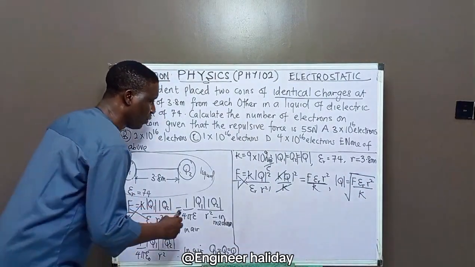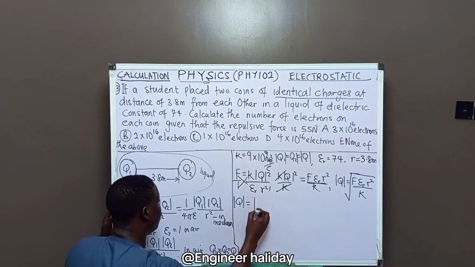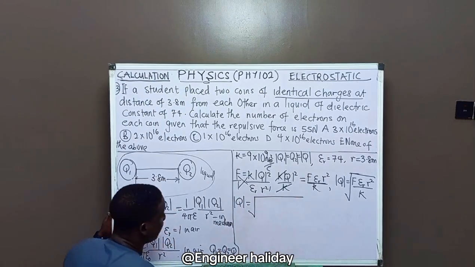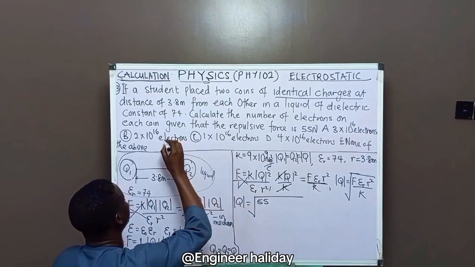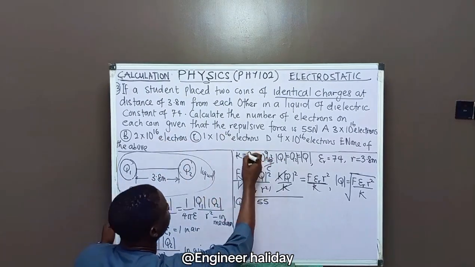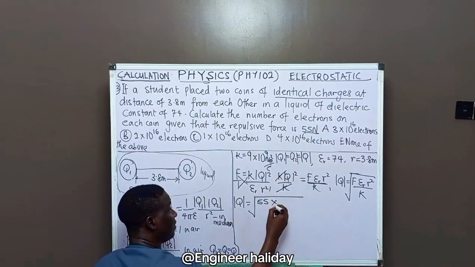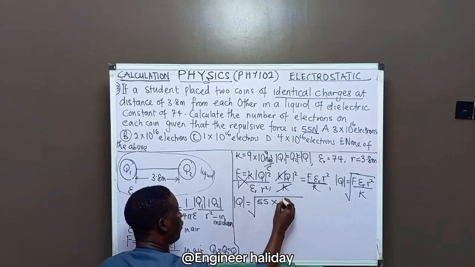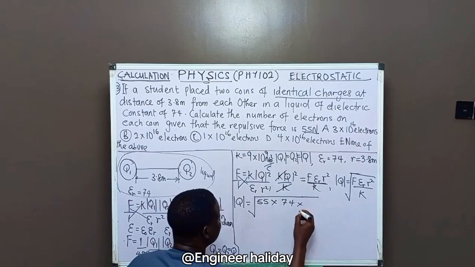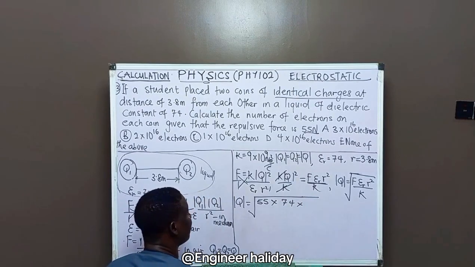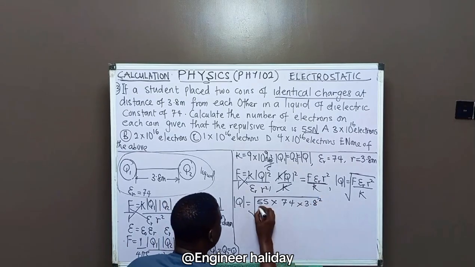Now if we do that, we are going to substitute the values there. Force is given as 55 newtons. Then our epsilon r is 74, and the relative permittivity given to us is 3.8, squared accordingly.